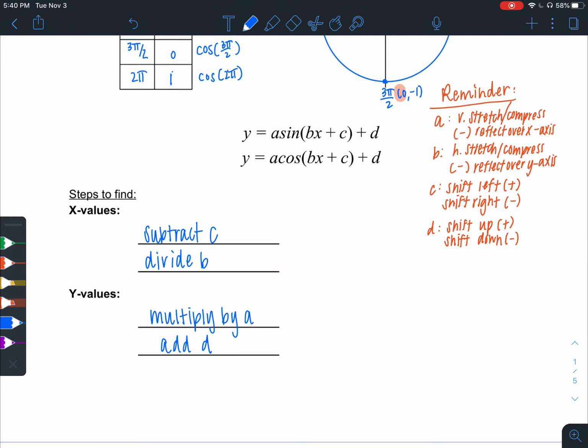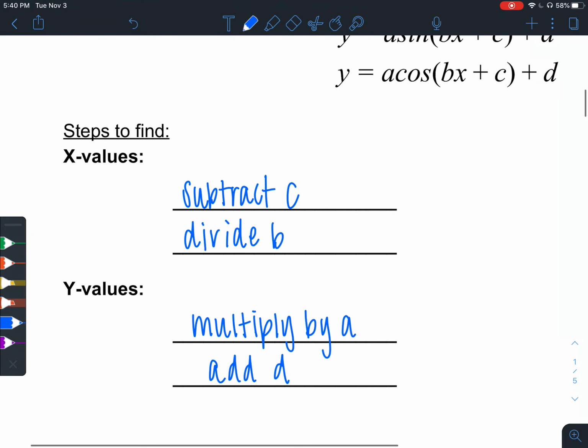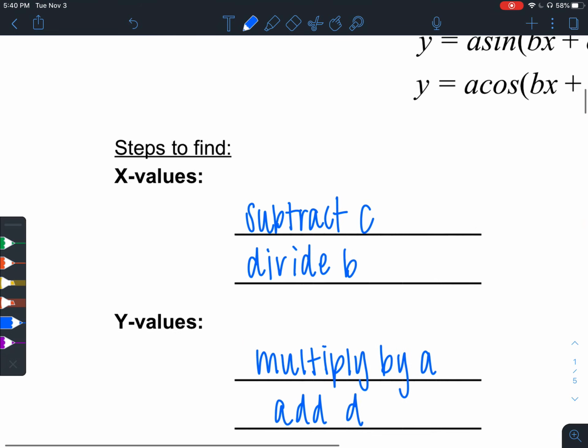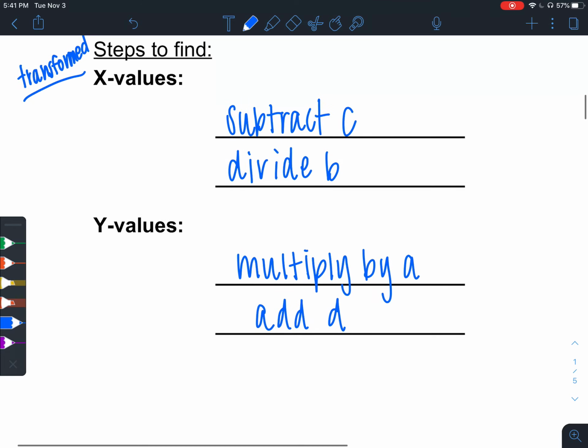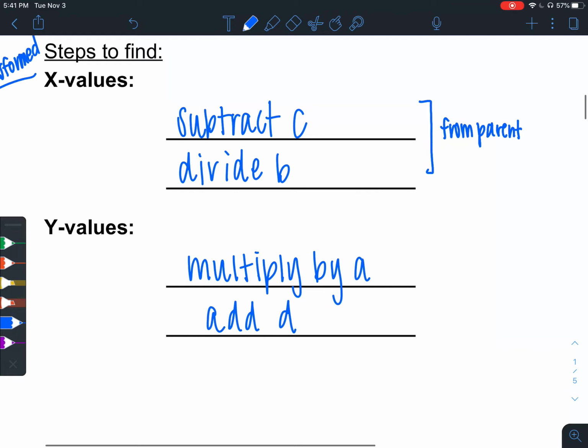Okay, so to find our x values, if we're transforming, what we're going to do is subtract c and divide by b from our original parent x values.